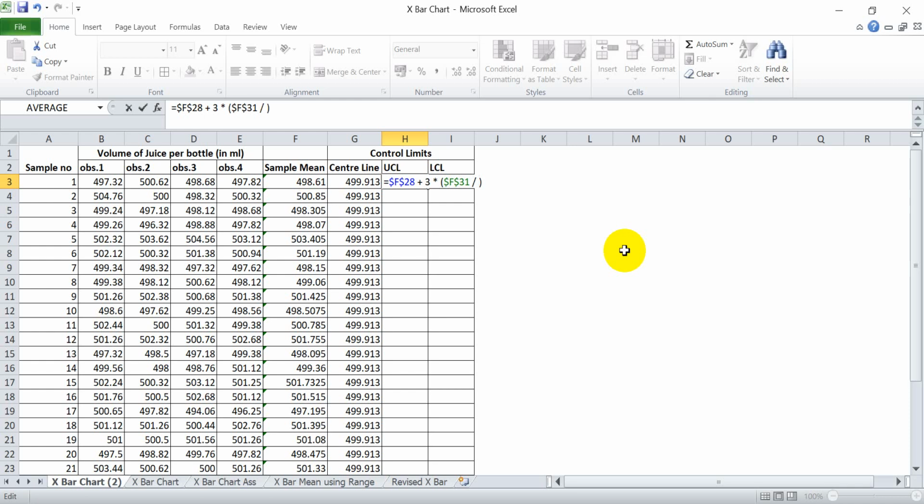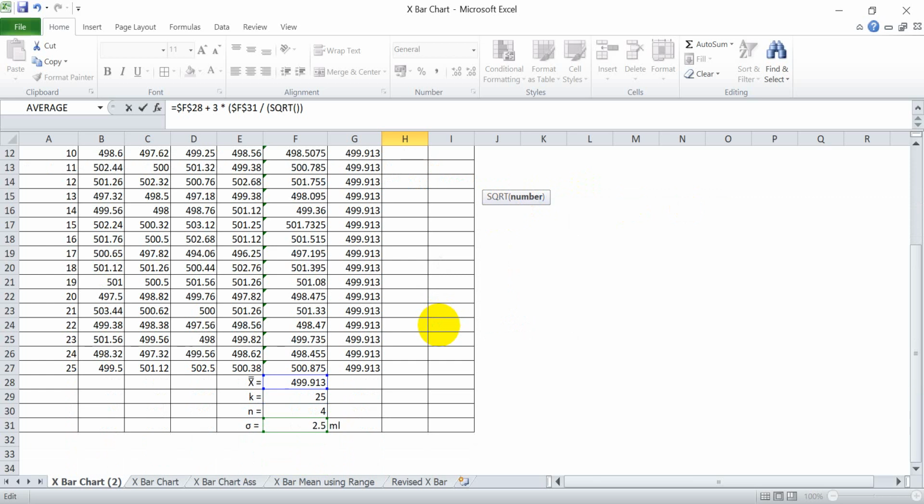Divided by the square root of the sample size, which is this one.